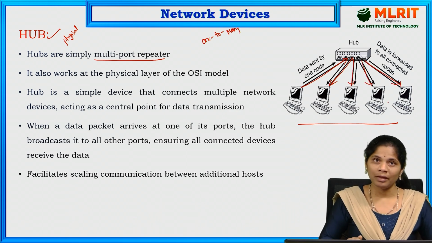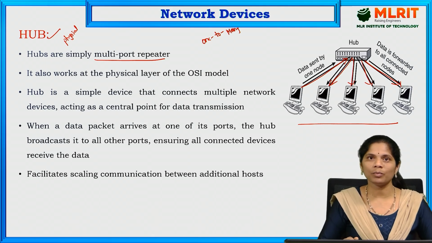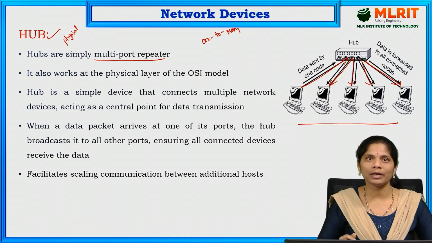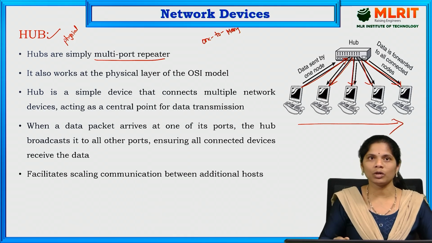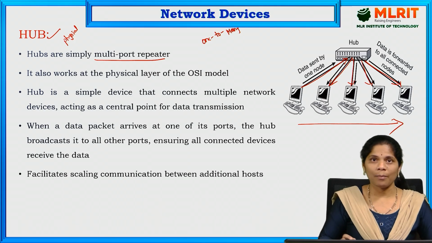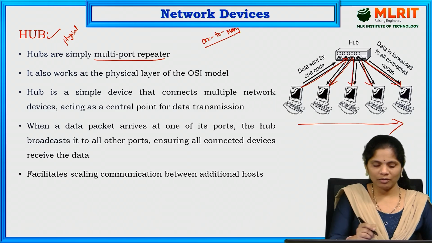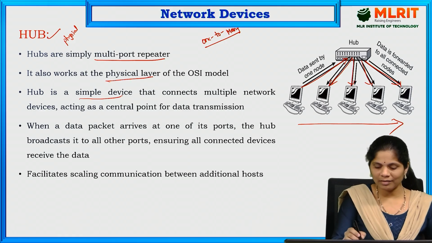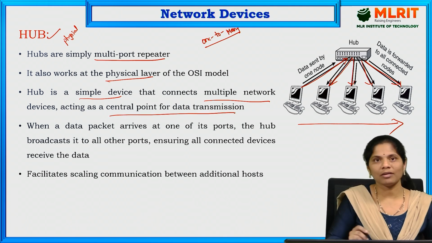At the same time, a hub is also used for regenerating the signal. Whenever data is transferred over longer distances, the signal strength may get down. To overcome that problem, we use a repeater and hub. The hub also regenerates the signal, but the difference is it is 1 to many ports. It works at the physical layer, it is a simple device, connected to multiple network devices, and is the central point for data transmission.